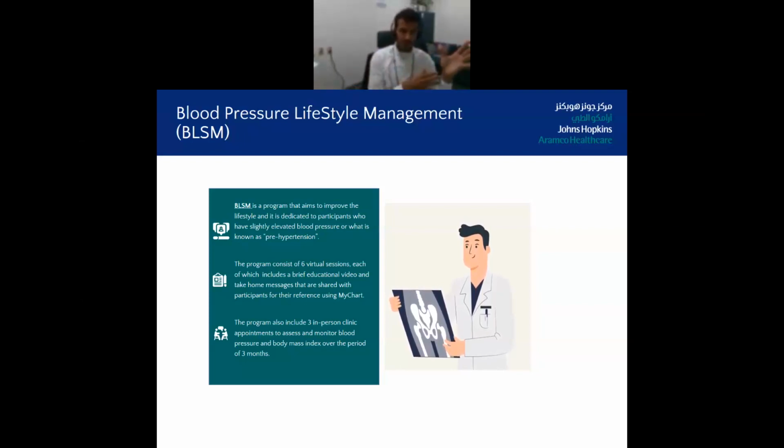And in Balsam we also talk about sodium reduction, the DASH diet, and following healthy eating habits, and we also focus on increasing the participants' skills and knowledge about physical activity and how they could follow a healthy routine. The program also includes 3 in-person clinic appointments to assess and monitor blood pressure and body mass index over the period of 3 months of the program. So 6 virtual sessions and the clinic visits at the Balsam Clinic.